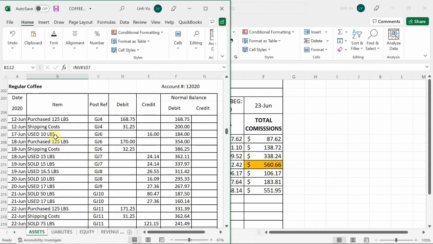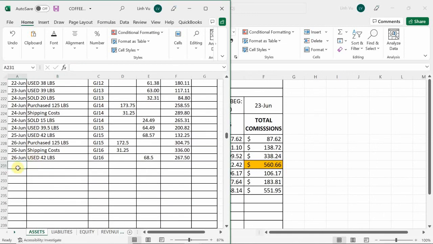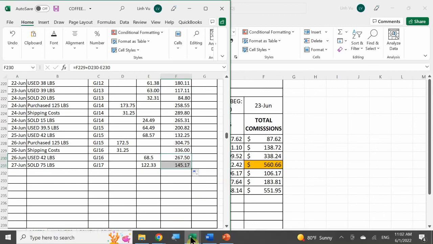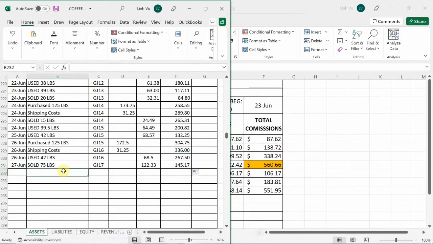So here is my inventory for regular coffee. I sold 75 pounds for $122.33. And that should give me $145.17. Does that match my inventory worksheet? $145.17 does indeed.